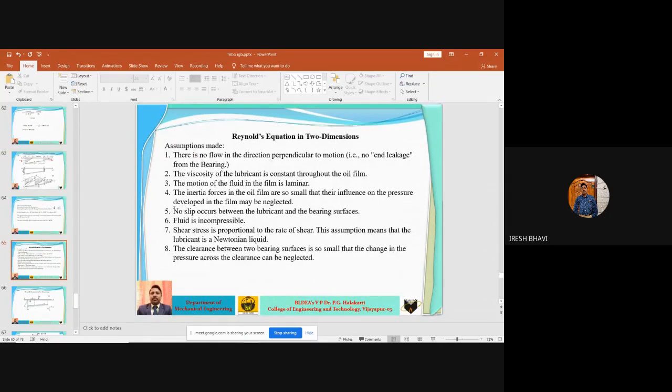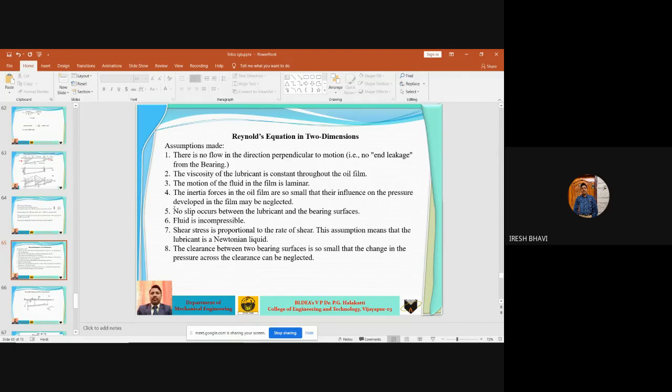Then the sixth assumption is that the fluid is incompressible. Means what? If the fluid is compressible, then when you apply pressure or compressive load on the fluid, the volume of the fluid goes on decreasing, and we call that type of fluid a compressible fluid.